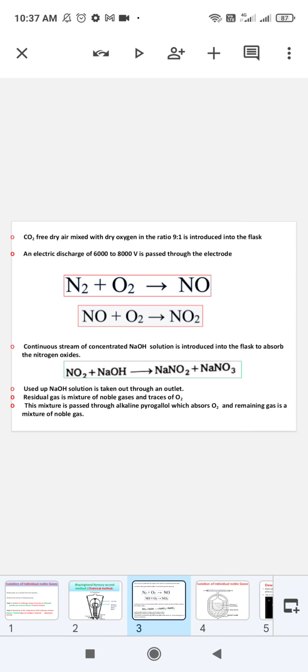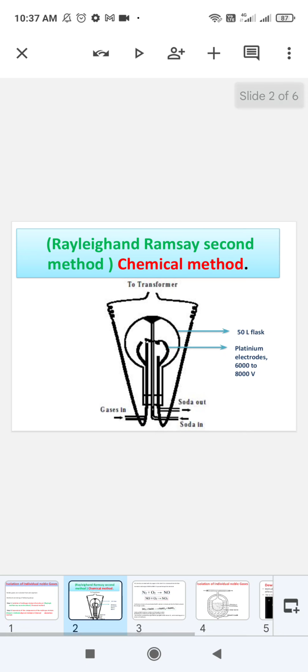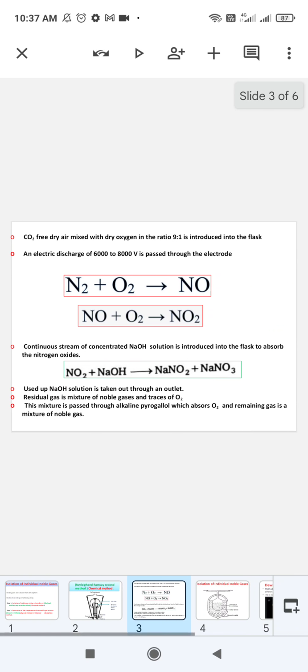And if we pass sodium hydroxide solution through the inlet into this flask, what will happen? The sodium hydroxide reacts with NO2 and we get NaNO2, NaNO3 and water. The used up sodium hydroxide is taken out through the outlet.